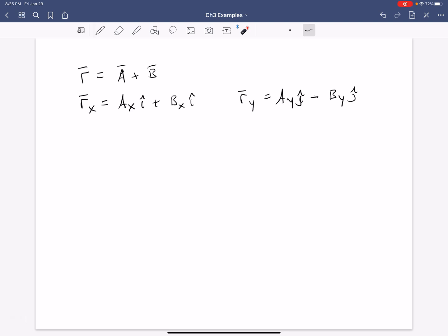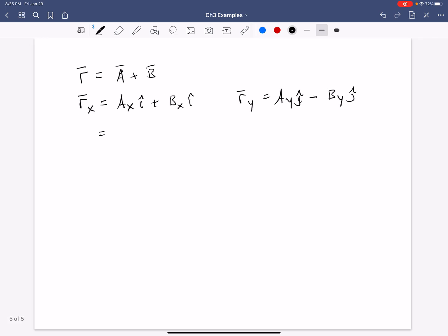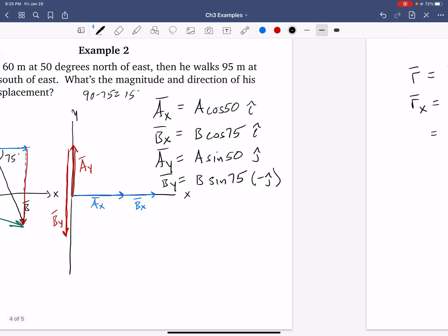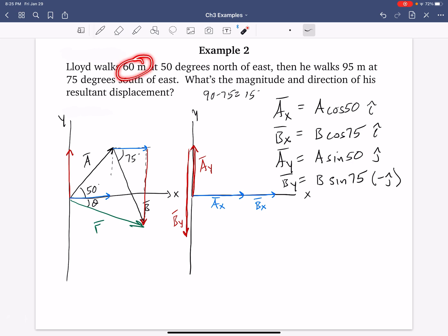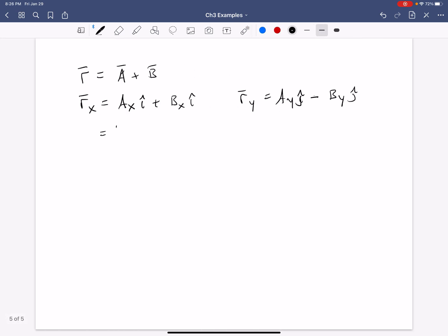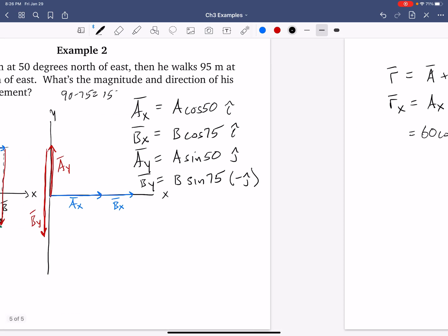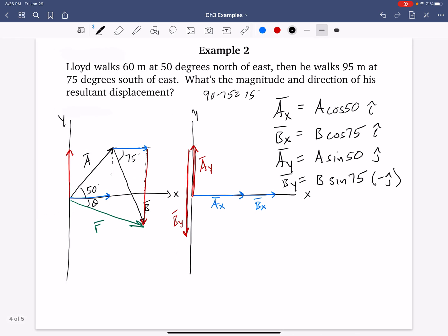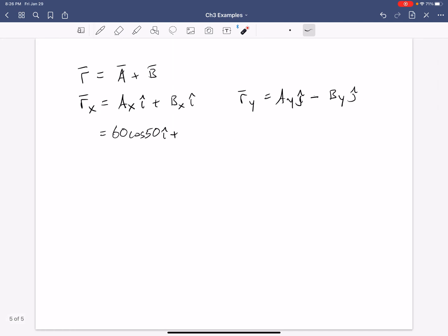All right. So let's plug in the numbers now, right? We have Ax is equal to A cosine 50. By the way, our magnitude of A was 60. So we have 60 cosine 50 i hat plus Bx was equal to magnitude of B, which was 95, and then cosine 75.